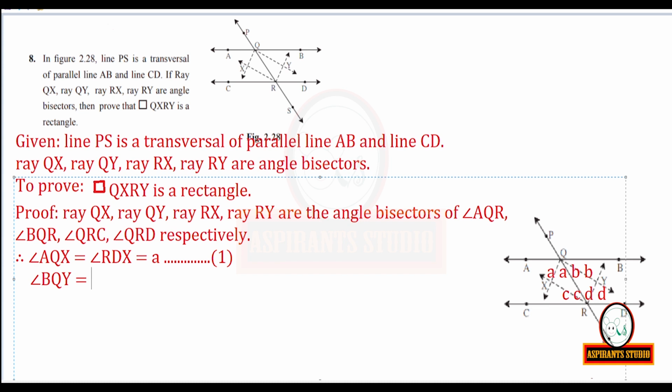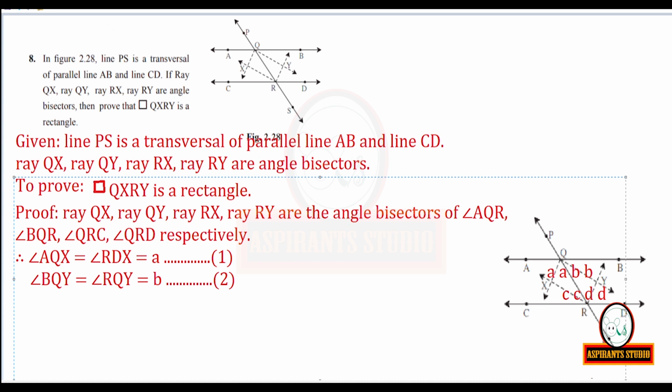Ray QY is the angle bisector of angle BQR. So, measure of angle BQY is equal to measure of angle RQY is equal to B. That is our second equation. Now coming to the third ray.